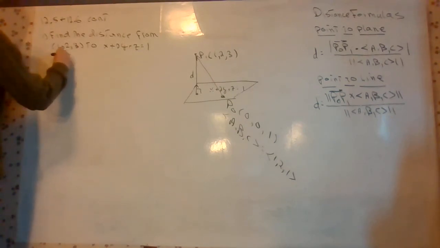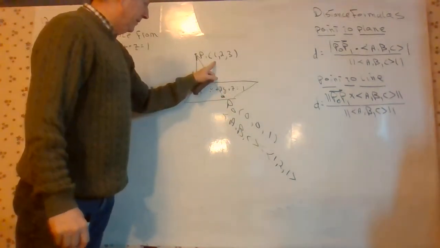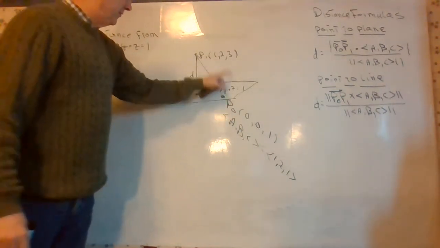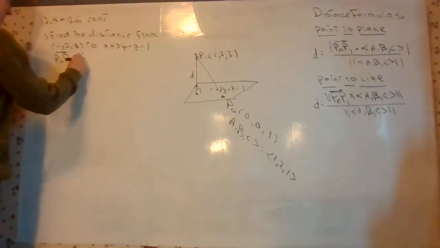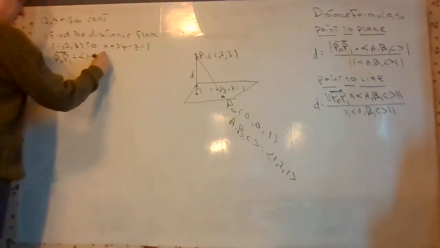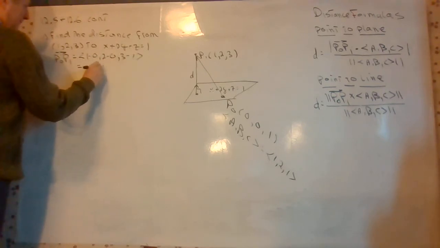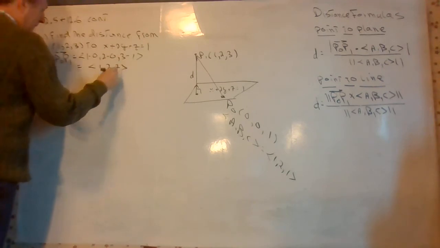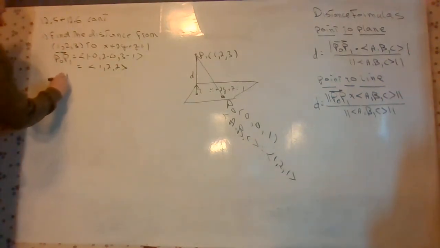P0, P1, the vector from here to here, 1 minus 0, 2 minus 0, 3 minus 1. That's 1, 2, 2, and I'll write ABC.